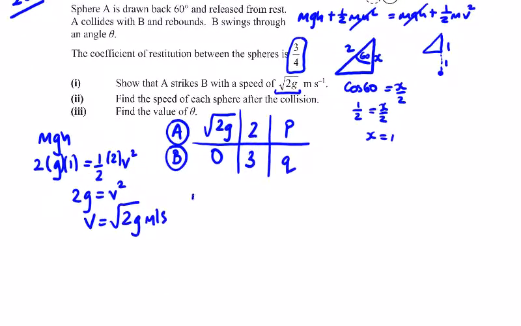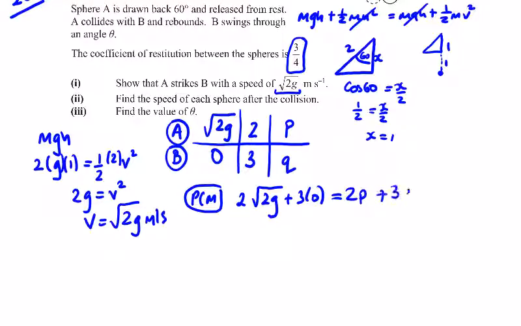So we start with the principle of conservation of momentum. So 2 by √2g plus 3 times 0 is equal to 2p plus 3q. So we get 2p plus 3q is equal to 2 by the square root of 2g.